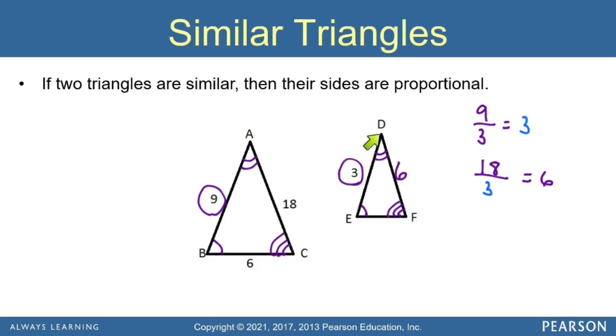So that tells me that side DF is 6. And the same relationship has to hold for the other pair of sides. The smaller side is just the larger side divided by 3. And so 6 divided by 3 is 2. And so now look, 9 divided by 3 is 3, 18 divided by 3 is 6, and 6 divided by 3 is 2. And that proportional relationship will always hold up in similar triangles.